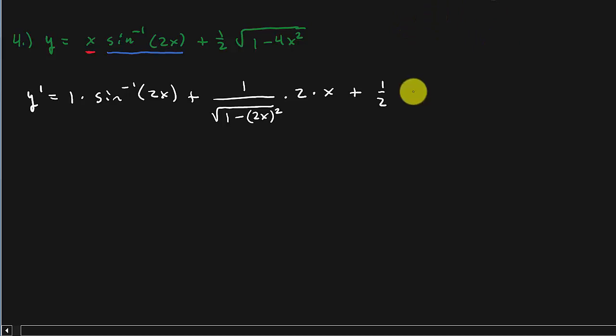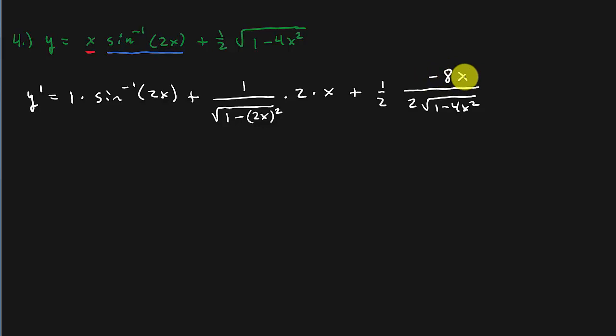There's a shortcut. So whenever you're taking the derivative of a square root, it's 2 times whatever the square root is. Okay? 2 times whatever that is. And then in the numerator, you put the derivative of what's underneath the square root. So what's the derivative of 1 minus 4x squared? Negative 8x. All right.